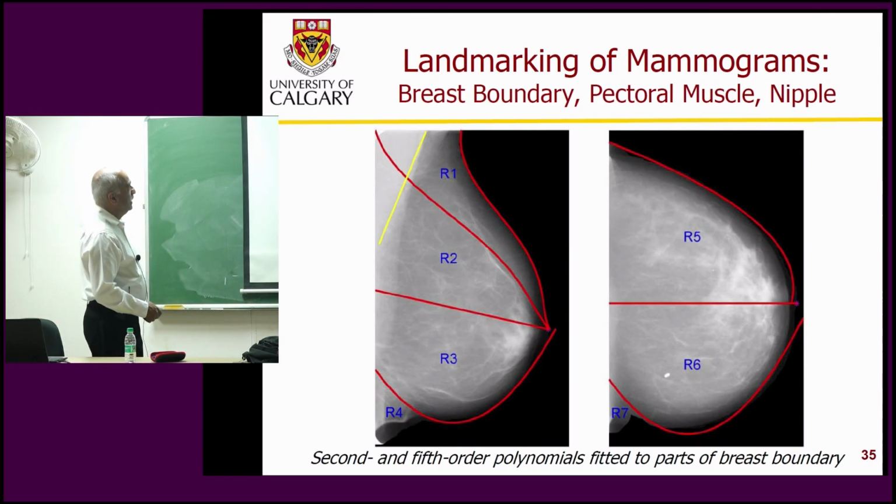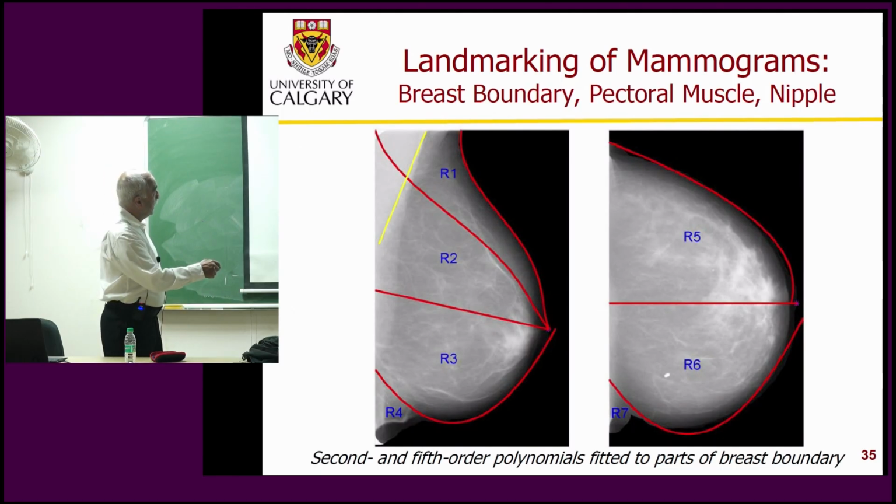So these are the breast boundary approximated by fifth order and second order polynomials. The nipple is also detected and marked. A straight line approximation to the pectoral muscle is marked. Now the pectoral muscle is going like that, so it's not a very good approximation. But all we want is this line as a reference to the chest wall, from the chest wall to the nipple.